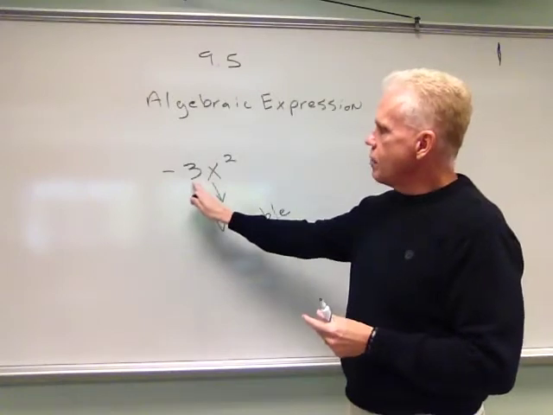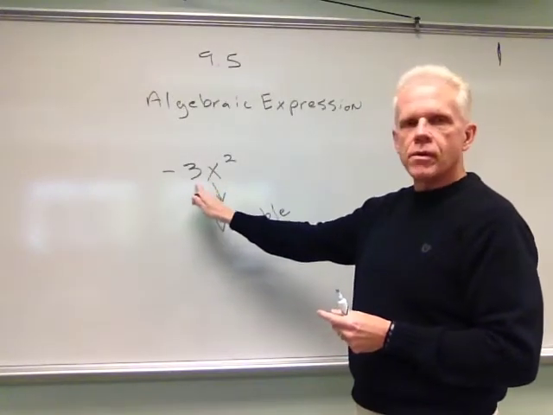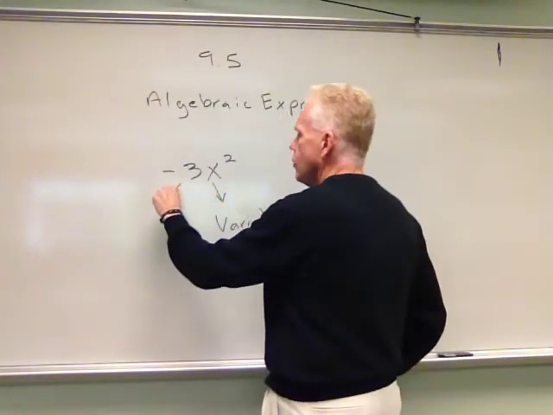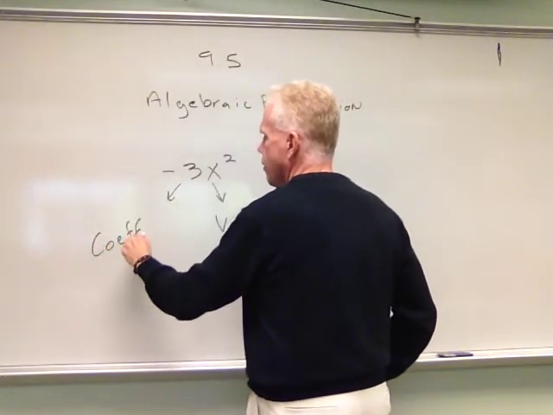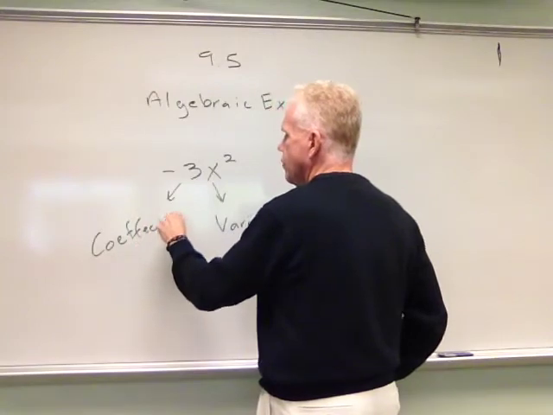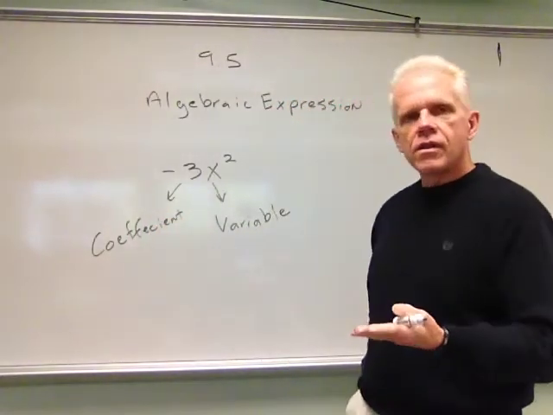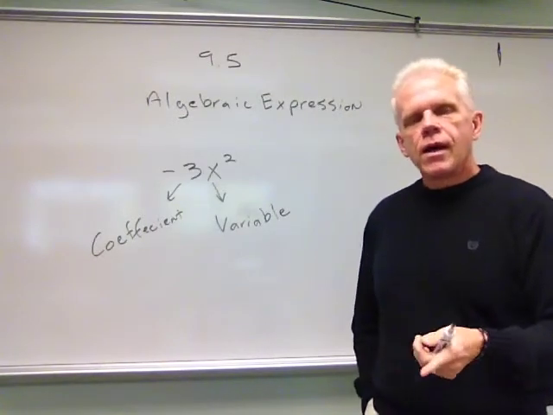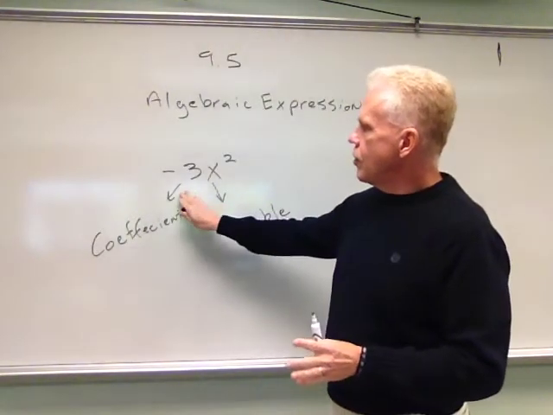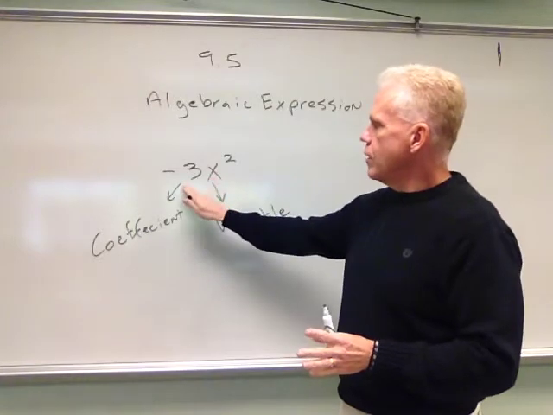Now, this number in front of the variable, in front of x, this is called a coefficient, C-O-E-F-F-I-C-I-E-N-T. So right in front of the variable is going to be a number a lot of times called a coefficient. The relationship between this coefficient, this number, and this variable is multiplication.